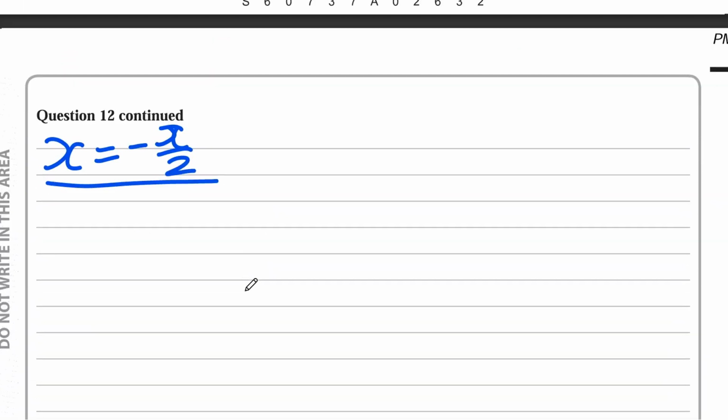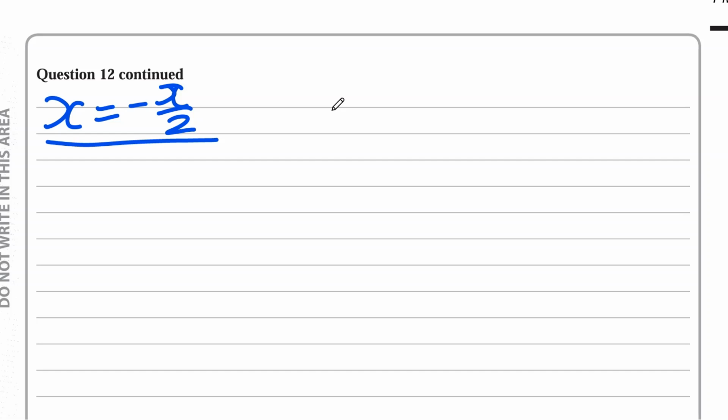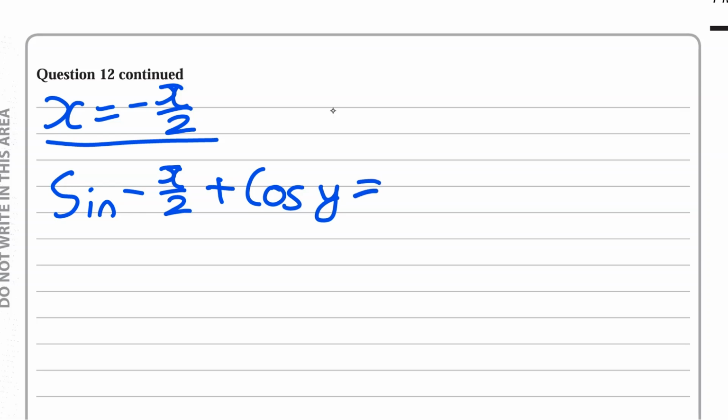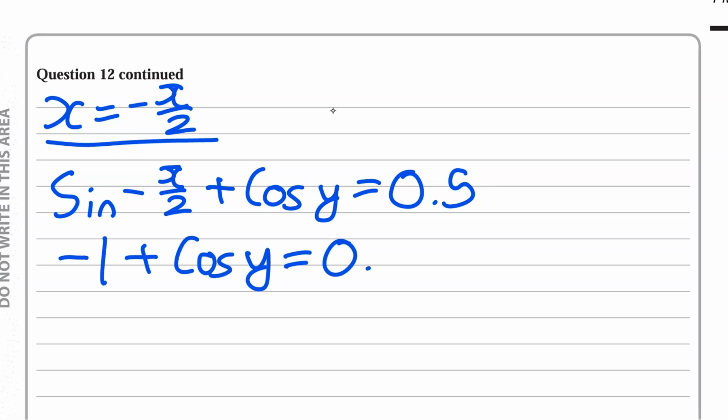So if we sub this into the equation that I just showed, it's sin x, so it's going to be sin of minus pi over 2, plus cos y, and this is equal to 0.5. Now sin of minus pi over 2 is equal to minus 1, so it's minus 1 plus cos y is equal to 0.5.